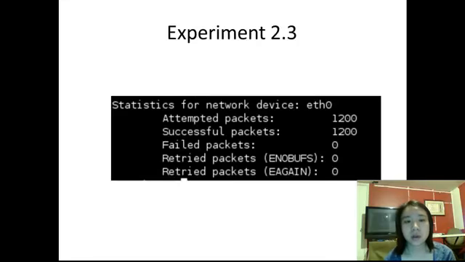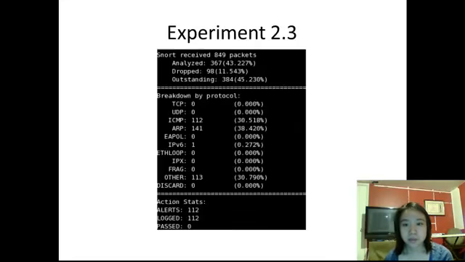Now, the statistics for the network device told us the attempted packets is 1,200 and successful packets is 1,202. Now we can see the result in Snort. Snort received 849 packets and has 112 alerts. That is all about the experiments.